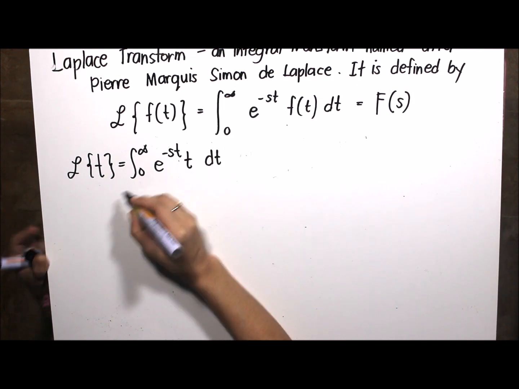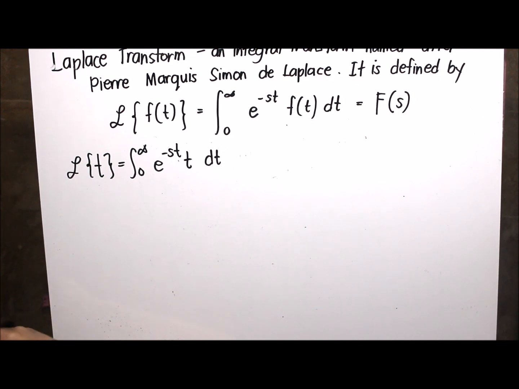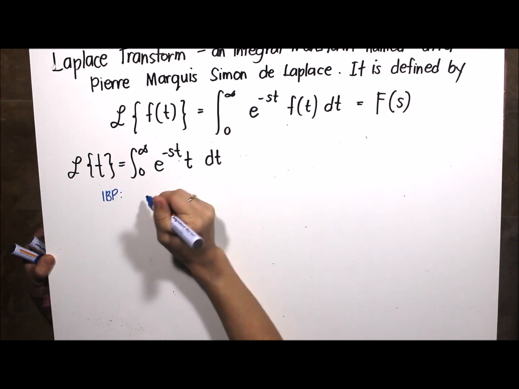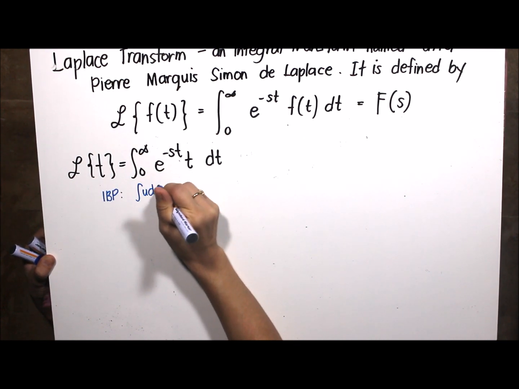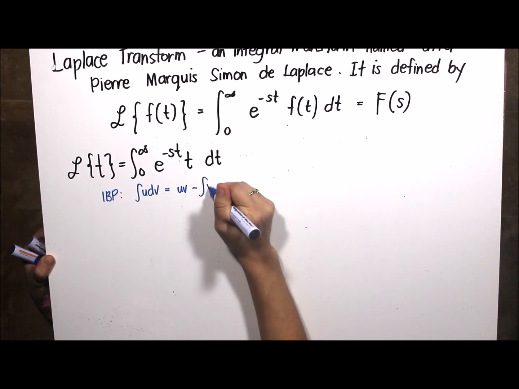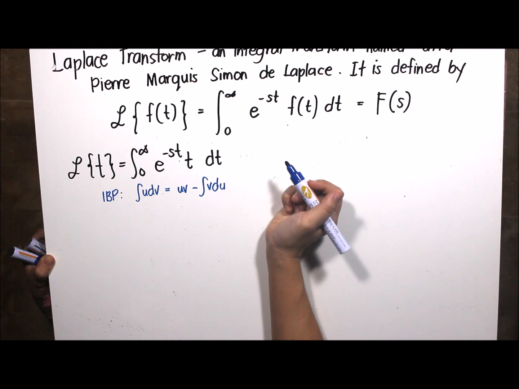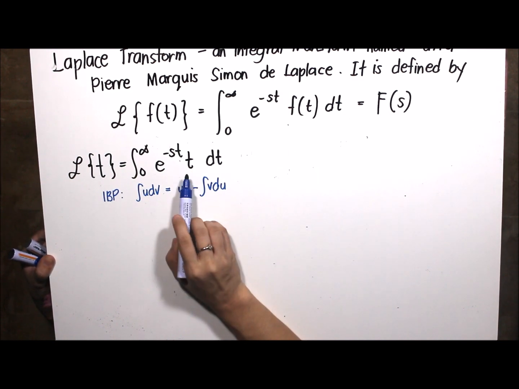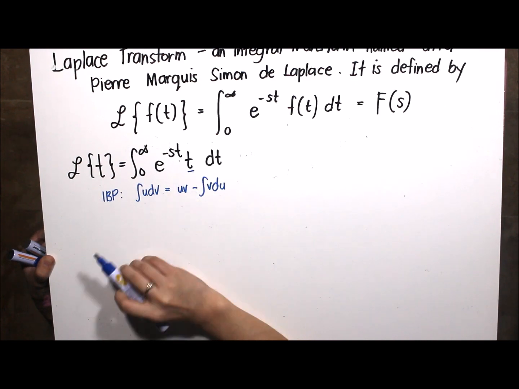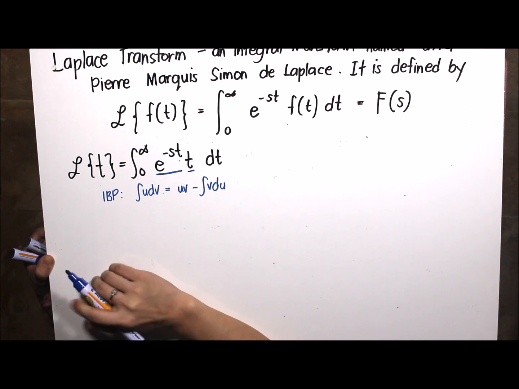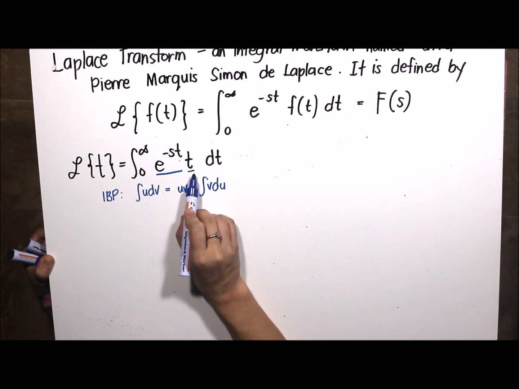So if we are going to apply integration by parts, recalling the formula of IBP, we have the integral of u dv, that would be equivalent to uv minus the integral of v du. That means we let u, and as a rule, if we have an algebraic term which is t, and an exponential function which is e raised to negative st, we're going to let u be equivalent to the algebraic term.